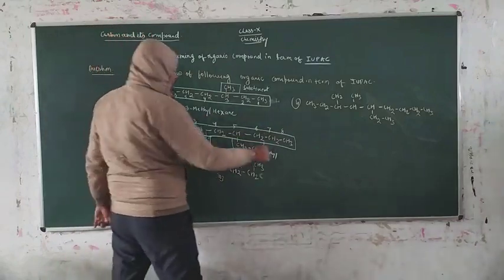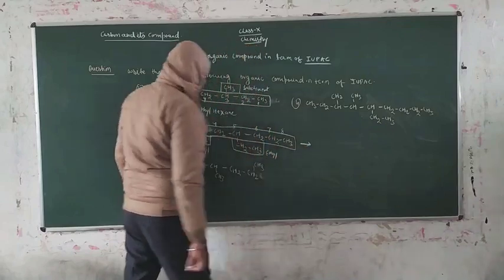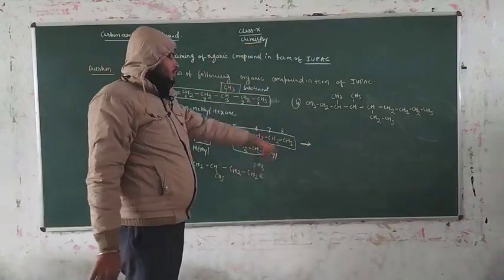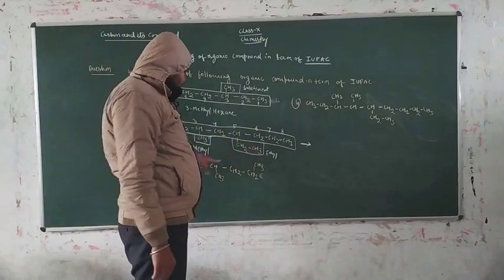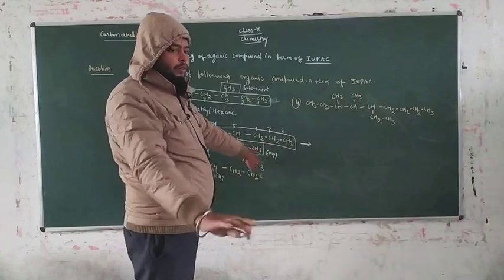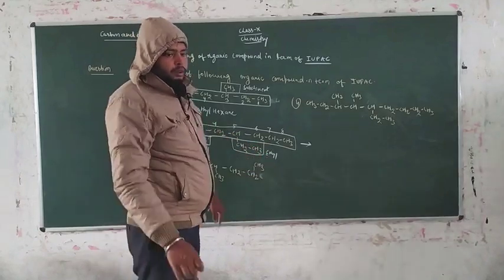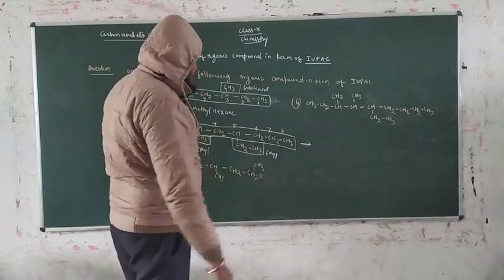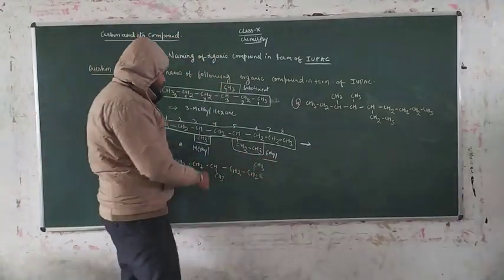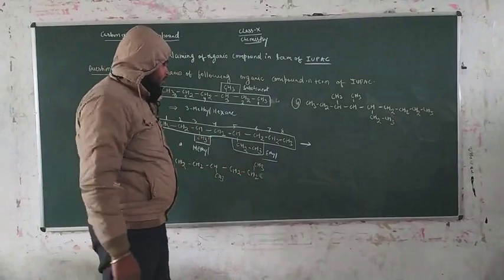Now we have to write the naming of this. There are 2 substituents present, methyl and ethyl. Which is treated first in terms of alphabetical order? M comes before or E comes before? Now we have to write the formation of this. This is methyl and this is ethyl.